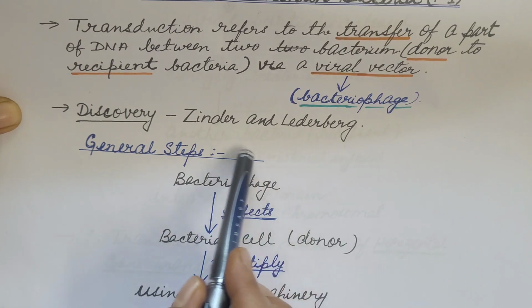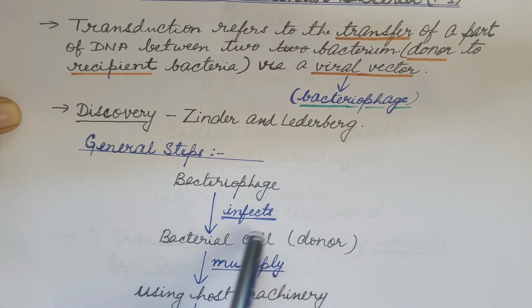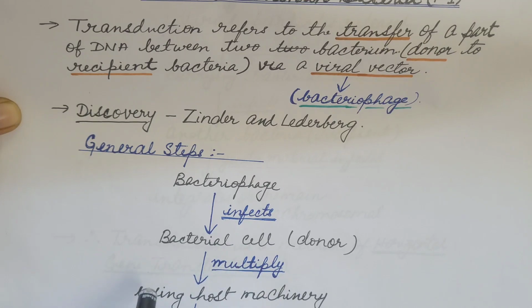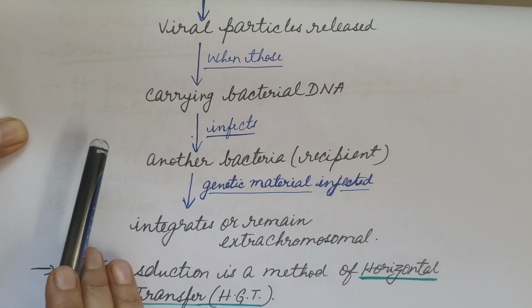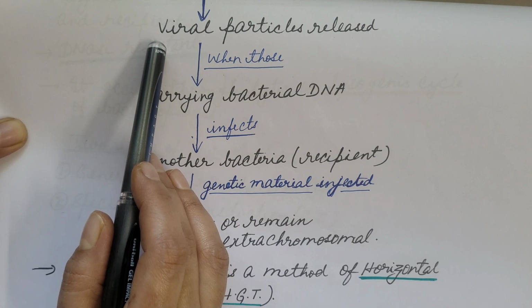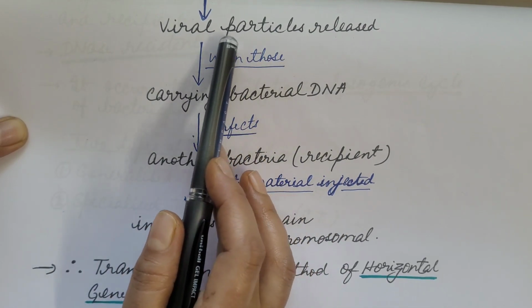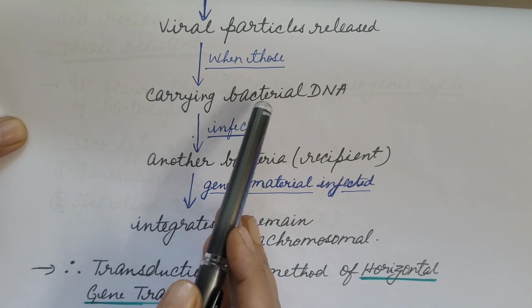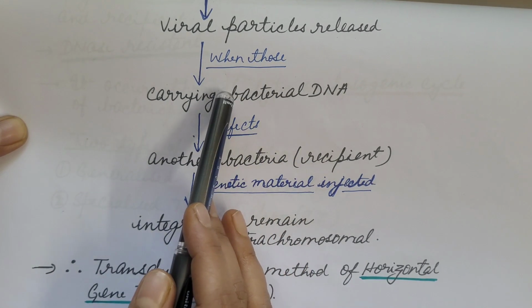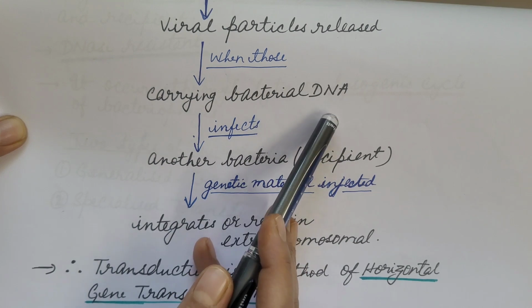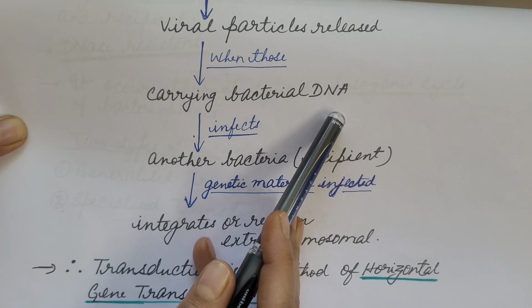So a bacteriophage virus infects the bacterial cell, that is the donor bacteria. Using the host machinery, it multiplies. And once the process is complete, viral particles are released. Those viral particles carry bacterial DNA, either only a bacterial DNA fragment or part of a bacterial DNA fragment along with the phage genome.